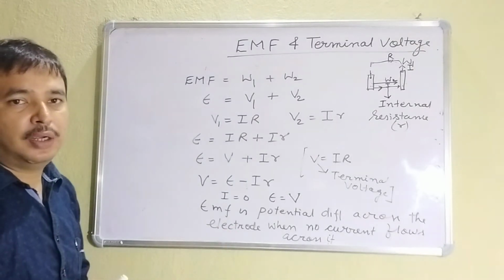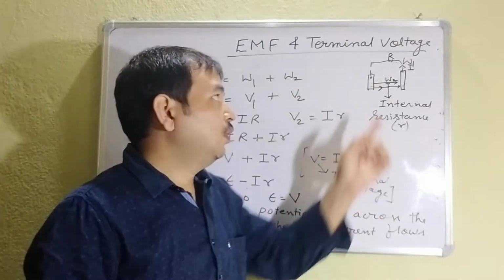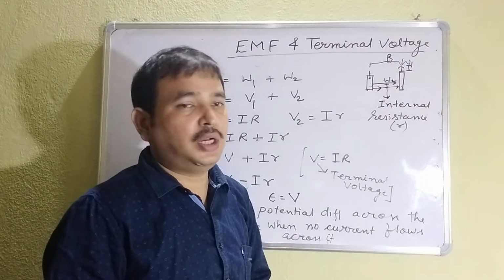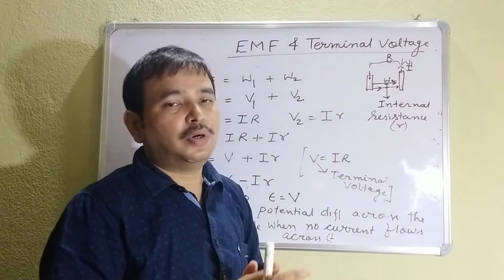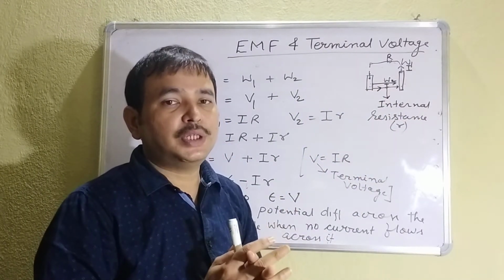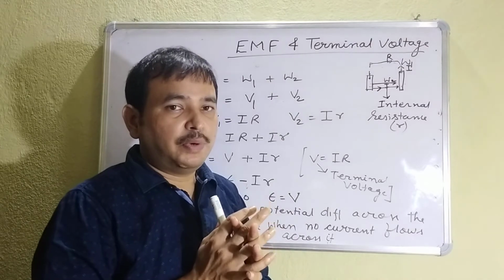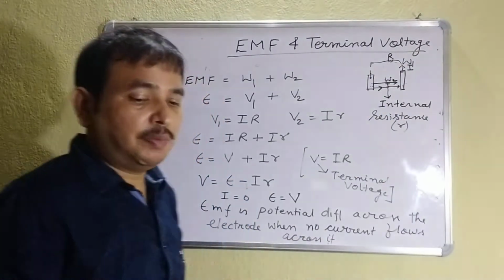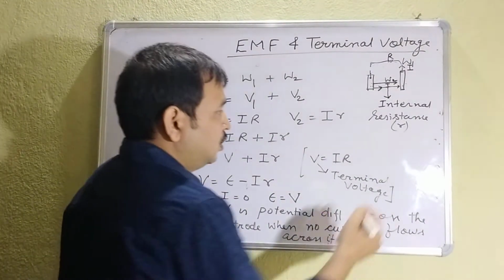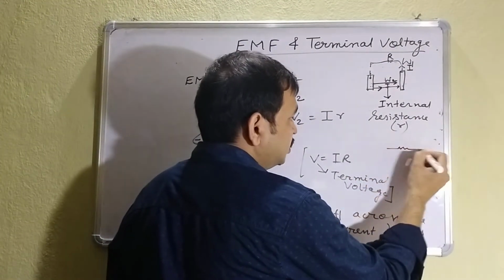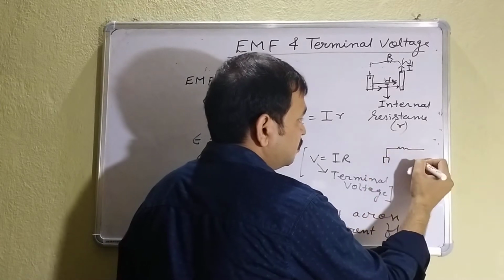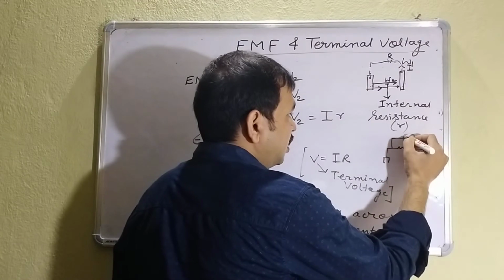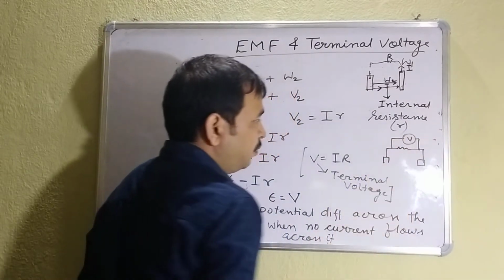So always remember that to measure the EMF, there must be no current flowing in the circuit. If there is current flowing in the circuit, then you are not measuring the EMF, you are measuring the potential difference between two electrodes, that is known as terminal voltage. For example, suppose this is the resistor, these are the two electrodes, and you are measuring the potential difference by voltmeter.